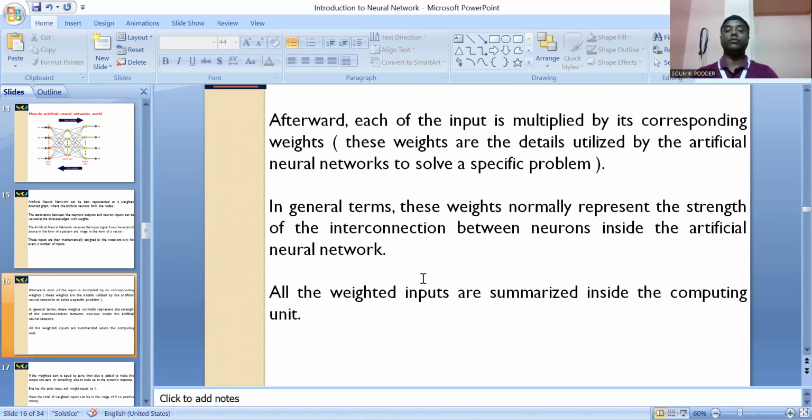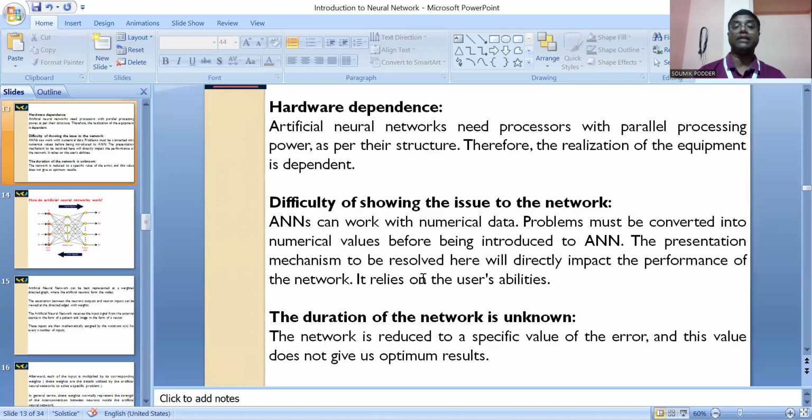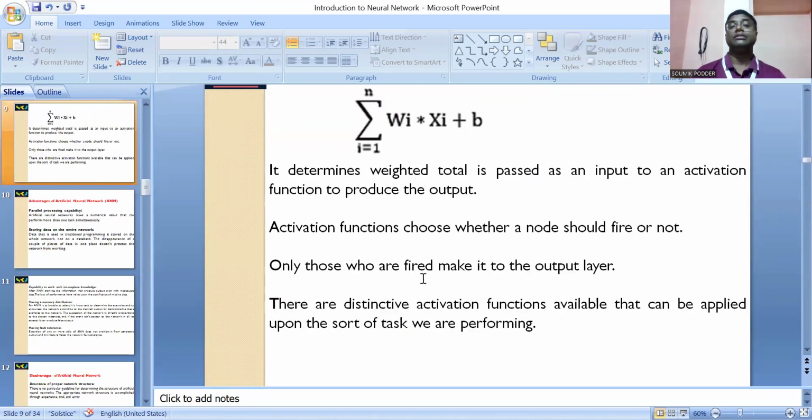Finally, all the weighted inputs are summarized inside the computing unit. Bias has the same input. Basically, the bias is the input when no external inputs are present. So from the equation, as I have already shown you, it is wi times xi plus b.